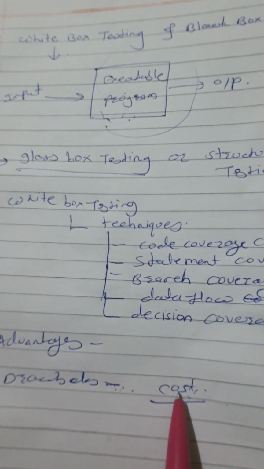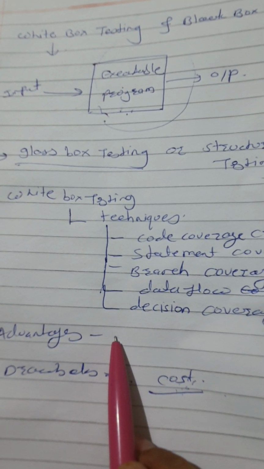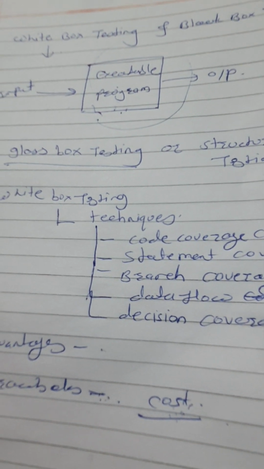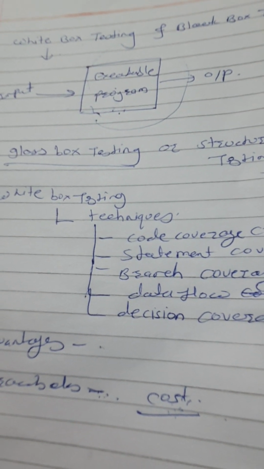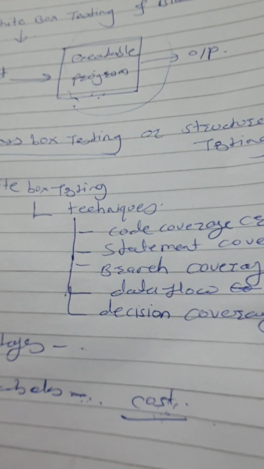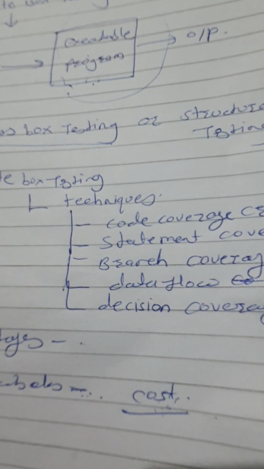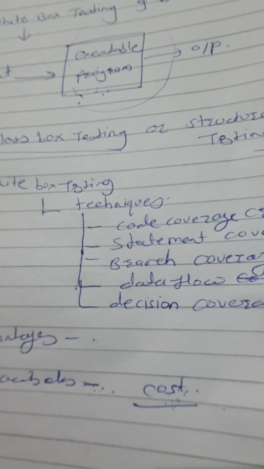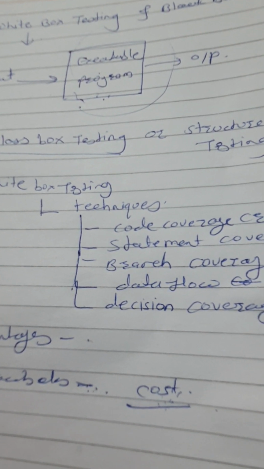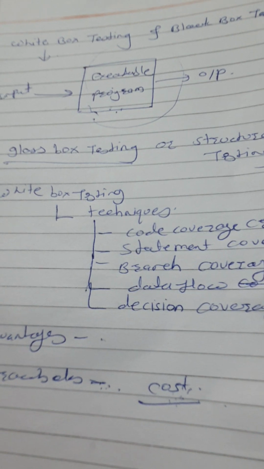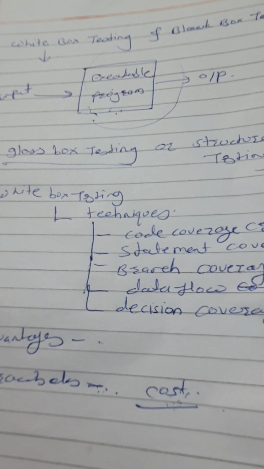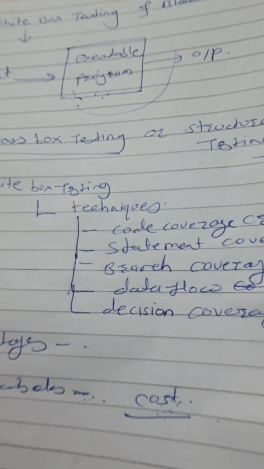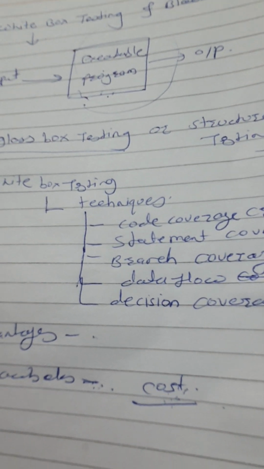These are the drawbacks. First advantage is that white box testing is used for code optimization. Second advantage, remove extra lines of code. Third one, you can easily start early testing using white box testing. And if you have proper knowledge of the internal code or structure, then it is very easy and simple to perform testing in white box.